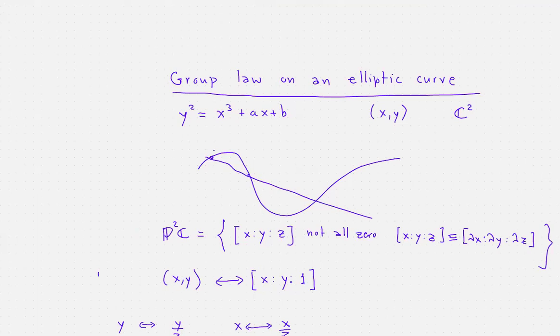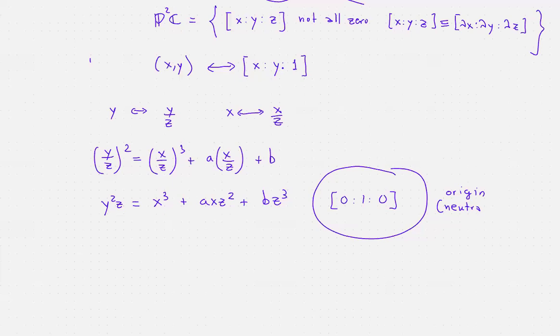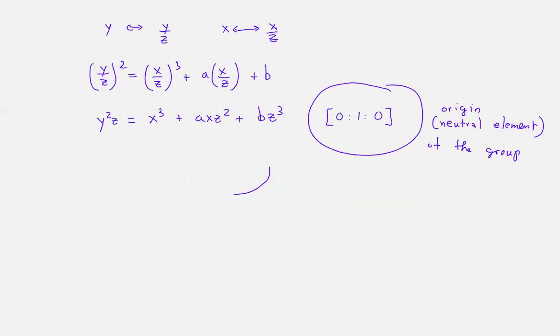And it turns out that this very special point that we found is going to act as the origin of the group, or the neutral element of the group. We sometimes refer to it as the point at infinity. And now we can describe the group law as follows. So imagine that you have the point at infinity somewhere here.